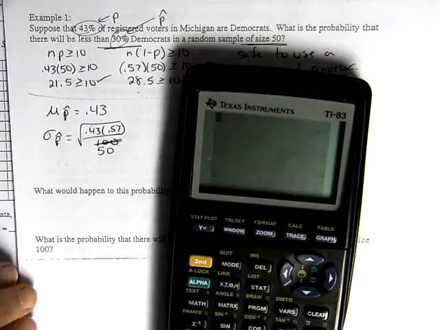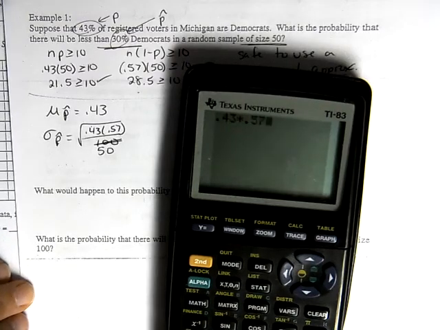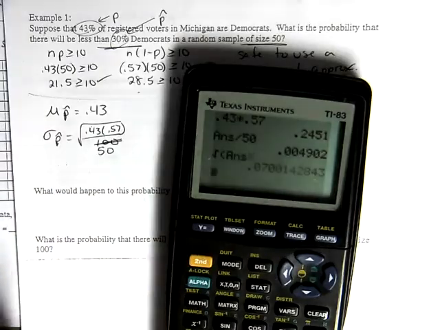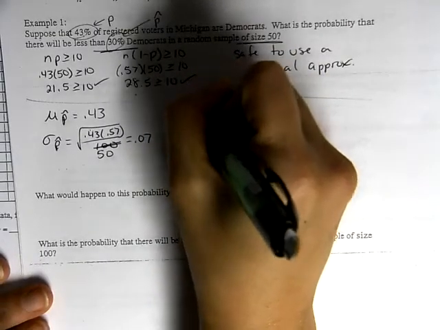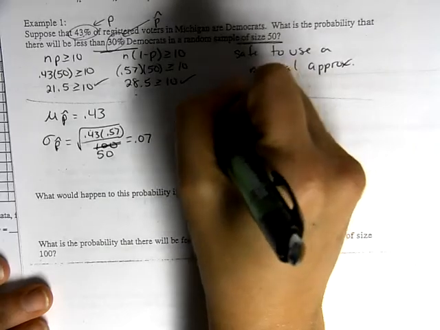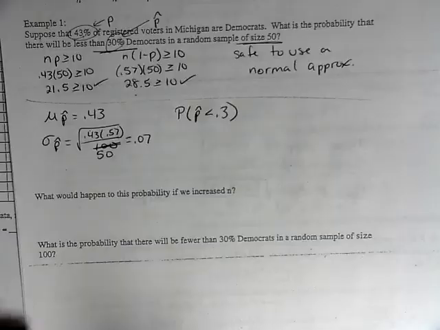Maybe I did something wrong. 0.07. There we go. Okay. Mean, standard deviation. Now, we're looking at the probability that p hat is less than 0.3.